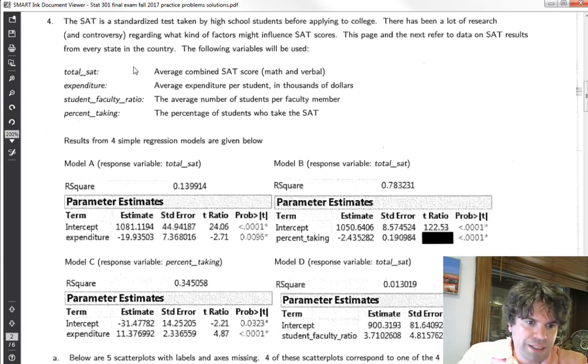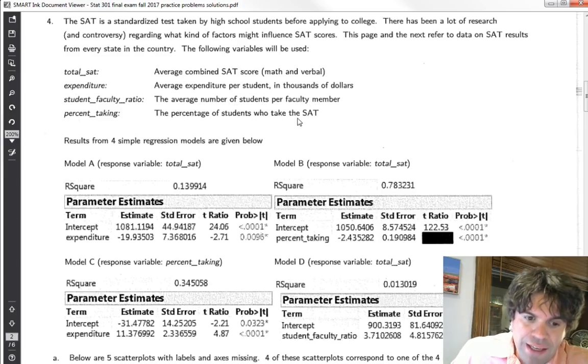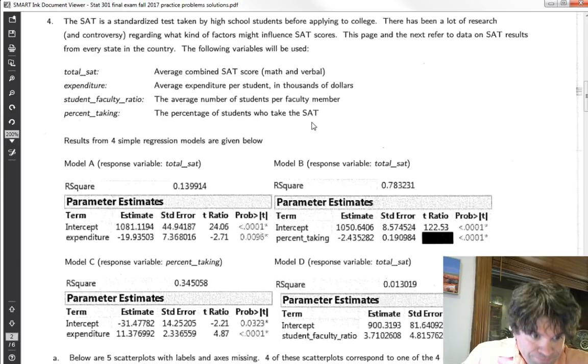Total SAT is the average combined SAT score, by combined we mean the math and verbal sections, for that state. Expenditure is the average expenditure per student in thousands of dollars for that state. Student to faculty ratio is the average number of students per faculty member in that state. And percent taking is the percentage of students who take the SAT in that state.